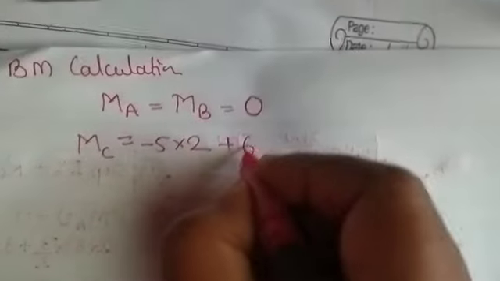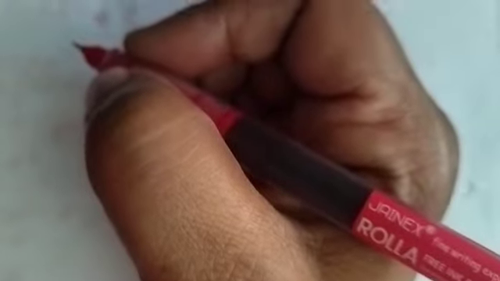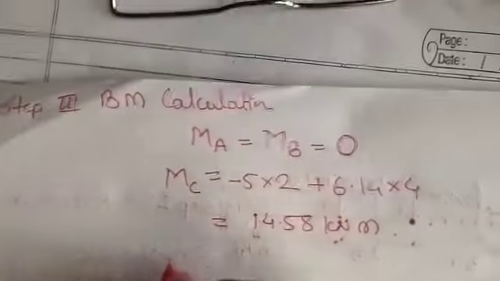So 6.14 will be rotated by the distance 4, so positive 6.14 into 4. So your answer will come 14.58 kilonewton meter positive. If you do it on the calculator, your answer will come like this.